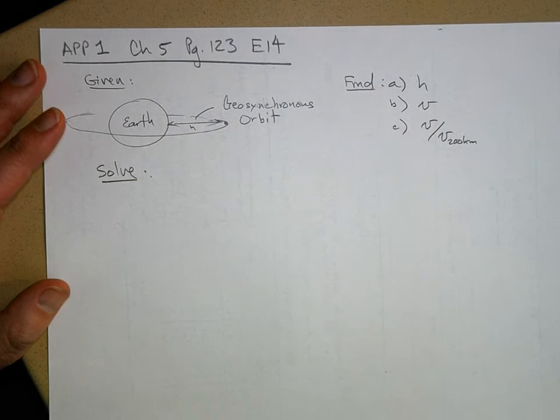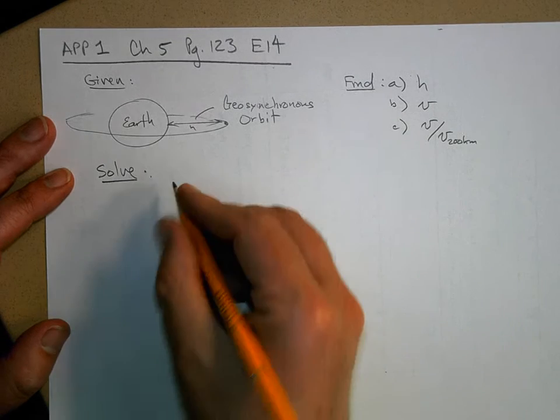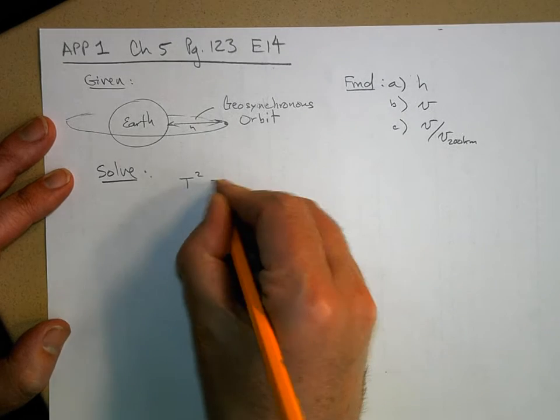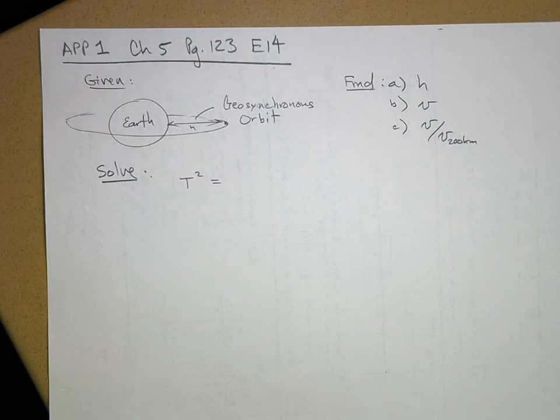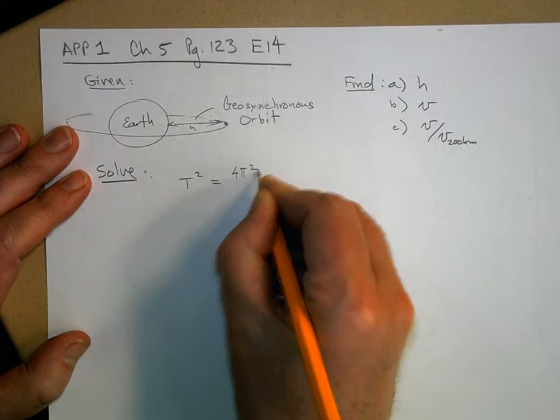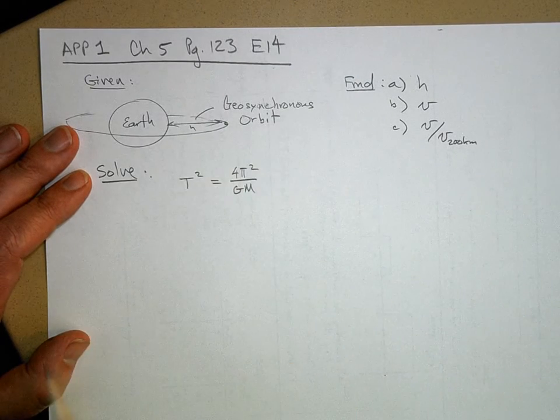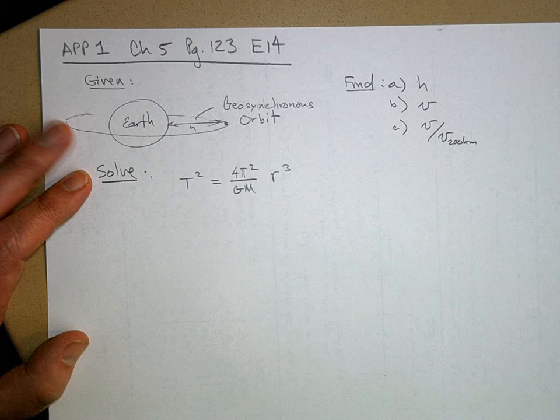Well, we want to know what the radius of the orbit is, but we know from circular orbits that the period squared is equal to 4 pi squared divided by the gravitational constant times the mass of the Earth, times r cubed.